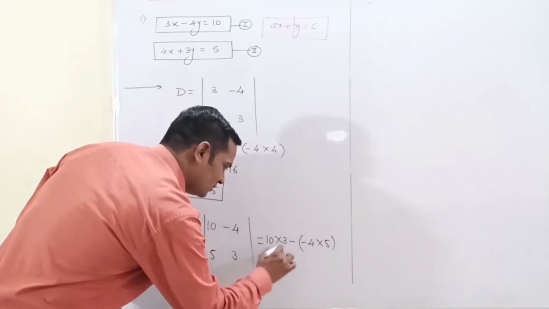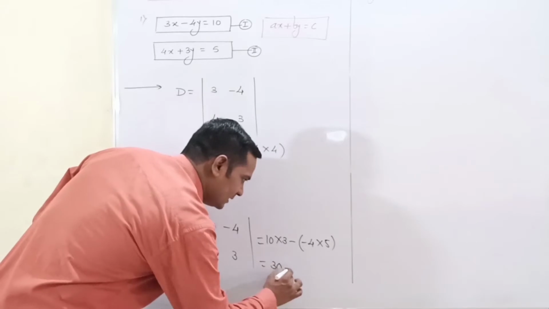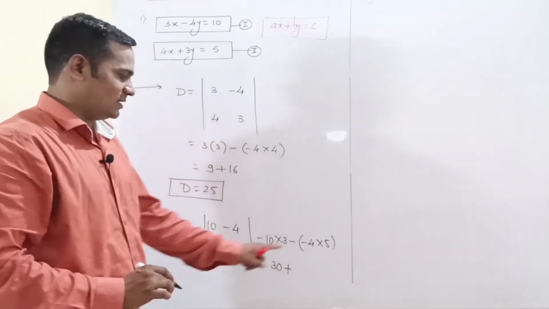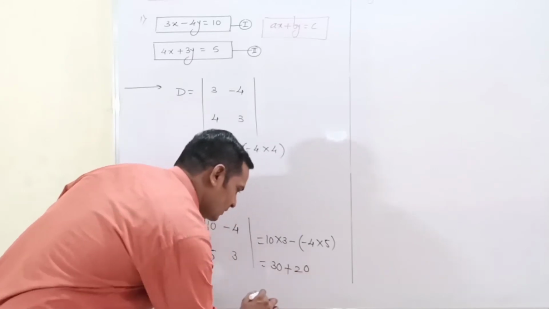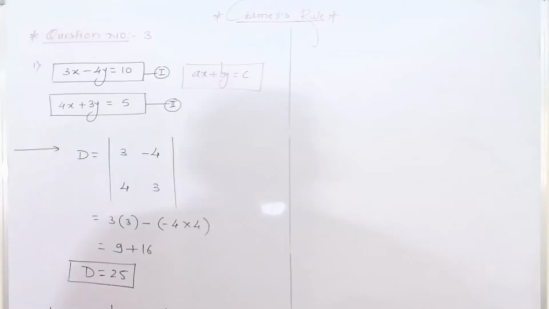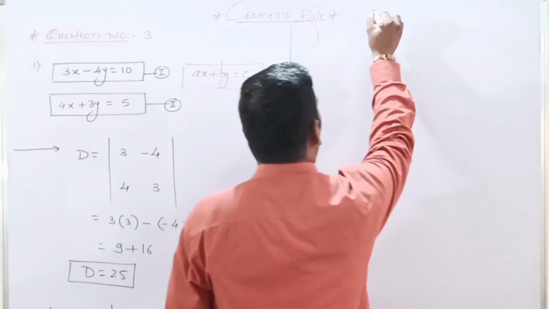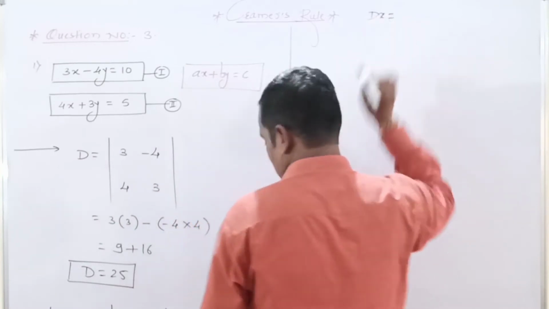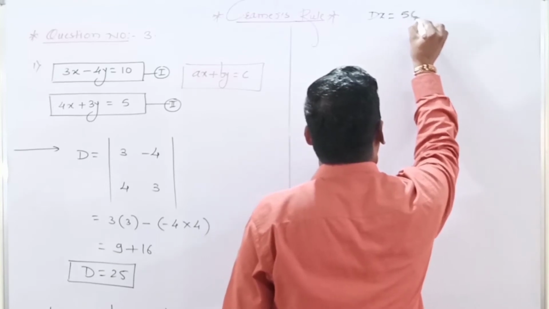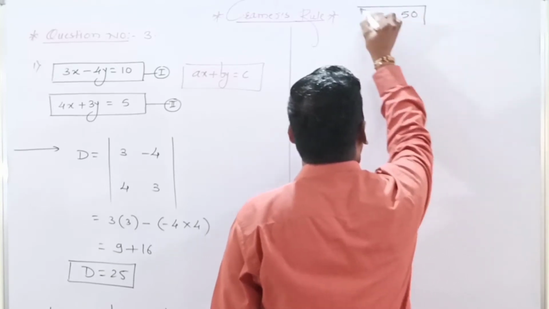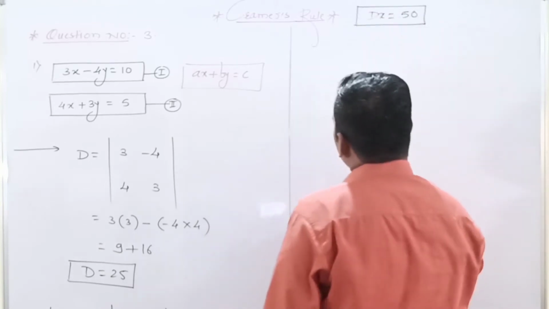So 10 3s are 30, minus minus will become plus. 4 5s are 20. So dx is equal to 30 plus 20, that means 50. Okay, we got the value of dx.